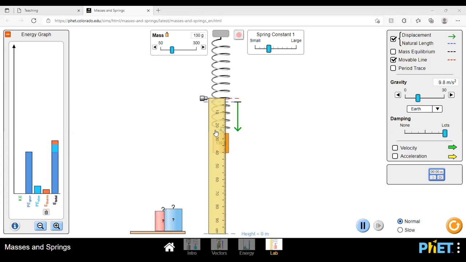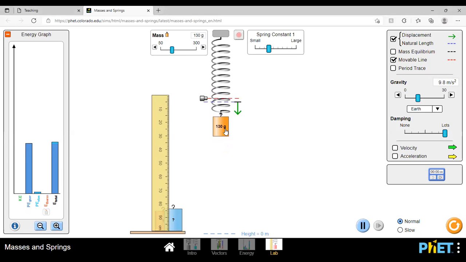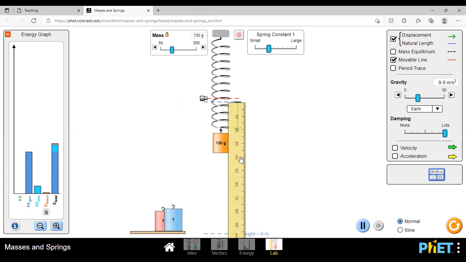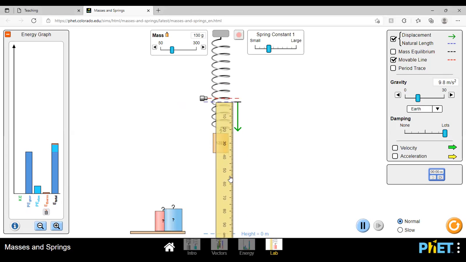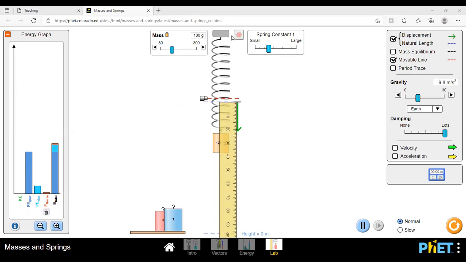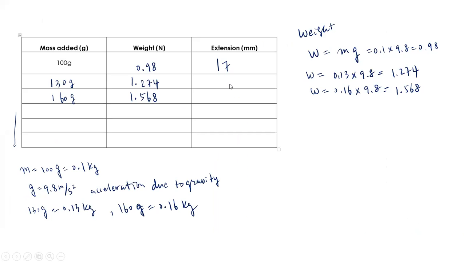With 130 grams, how much is it stretched? You can see it is almost 20, 21. The original rule was 22. Okay, come back to 22.